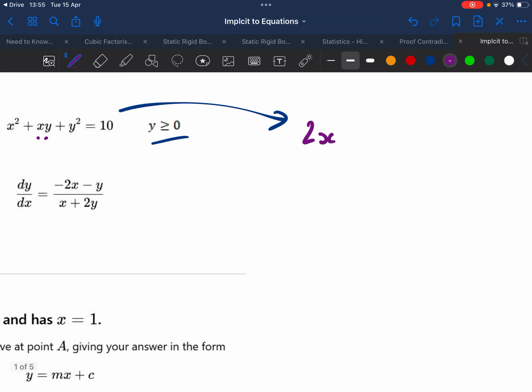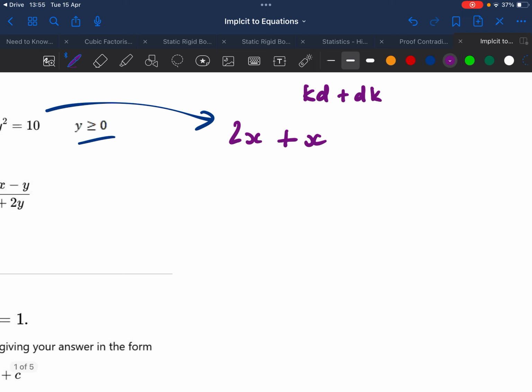So remember, a shortcut for the product rule is to keep a piece and differentiate a piece, and differentiate the first piece and keep the other one. So for the first part, we're going to keep the x and we're going to differentiate the y. So how do we do that? Well, because we're doing implicit differentiation, it's sort of 1 dy dx.